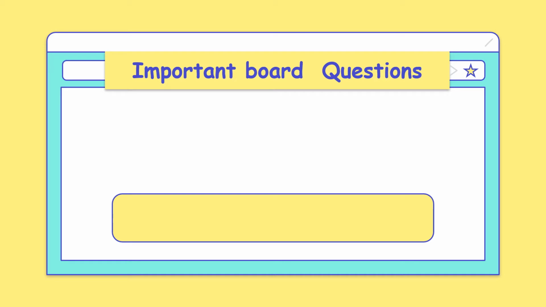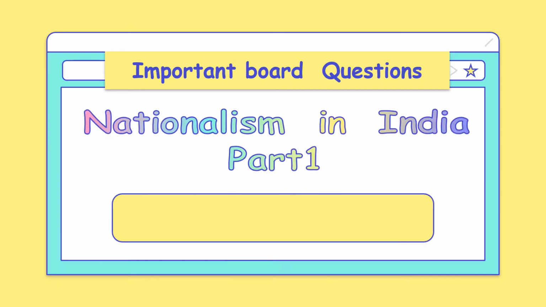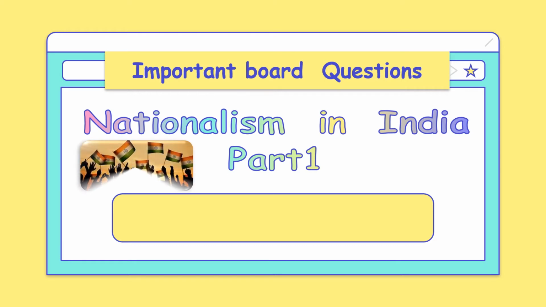Today I'm not going to tell you any important concept related to any chapter, but I'm going to concentrate on all those important questions with answers which you can expect for your coming board exam. So let's begin with the first history chapter, Nationalism in India. My dear children, this lesson's question answers is divided into 3 videos.